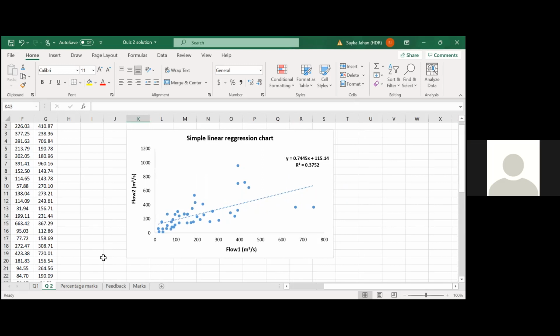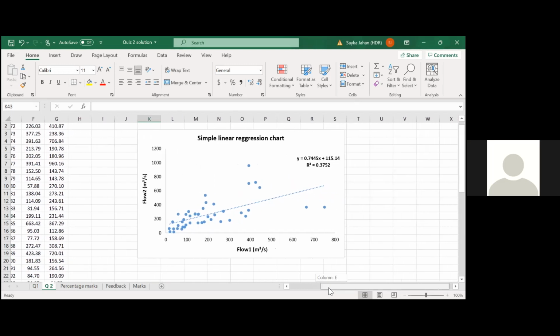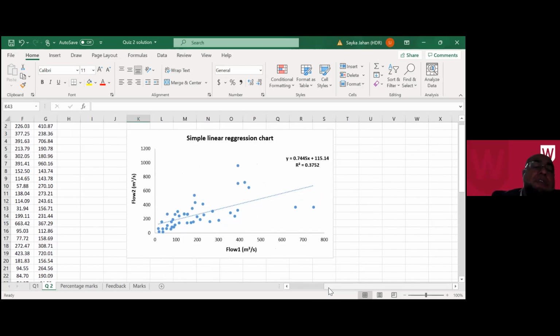Excuse me, how do you get all the points in the same graph? We tried and it showed two different trend lines. We can't get one trend line when copy pasting the information in the same chart. Because you have to use only the flow data when you are doing the plot. You want to regress the flow data, not the time.